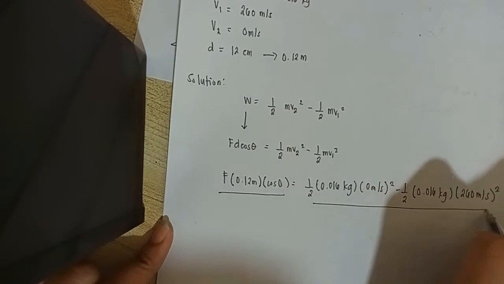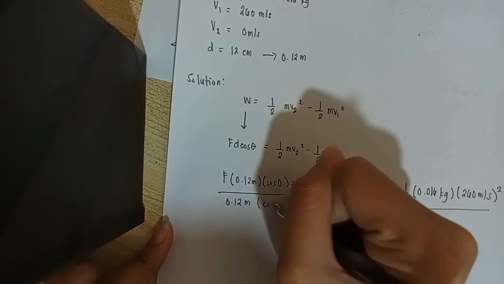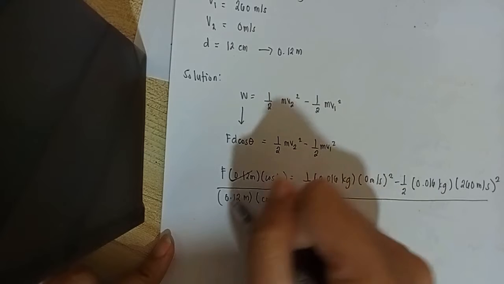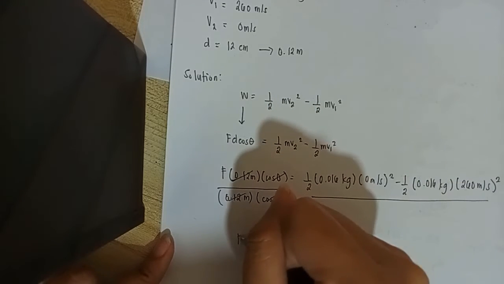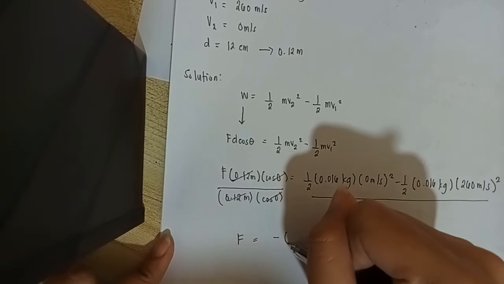So we divide both sides by 0.12 meter and cos 0 degrees. Later on, I will write the other one on the right side.